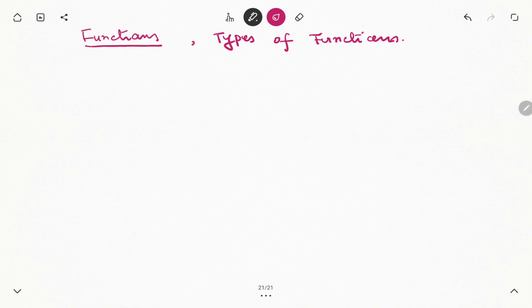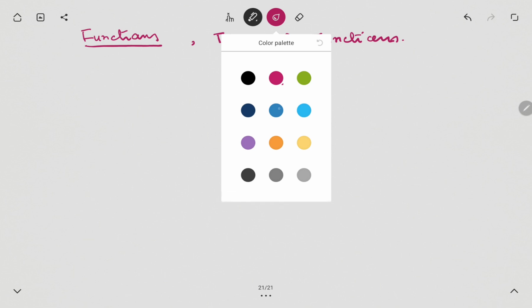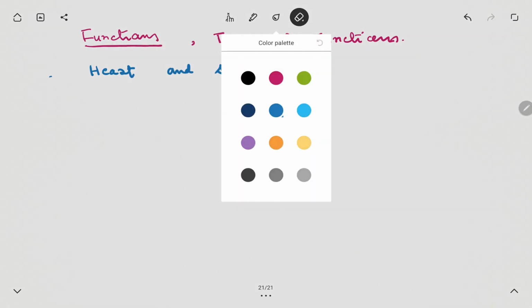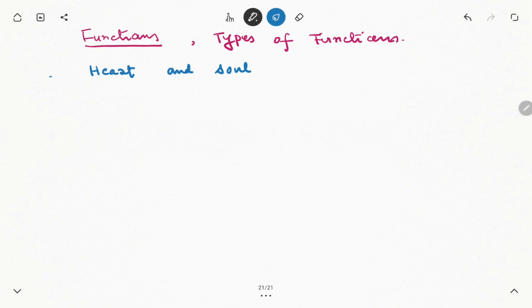I am going to highlight the point which is very important. This is the heart, I suppose you understand the meaning, and soul of your class 12th maths.